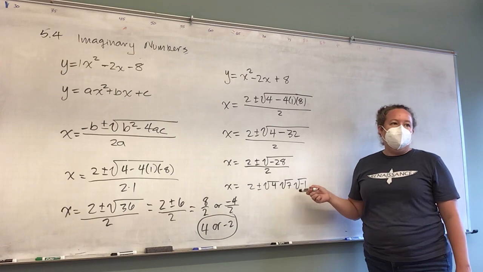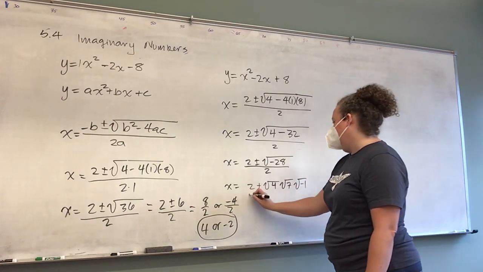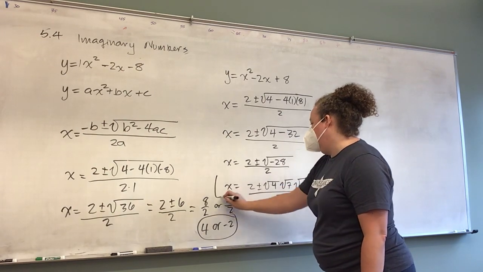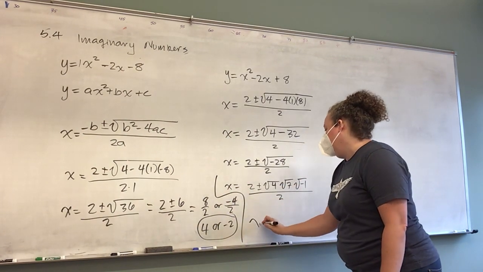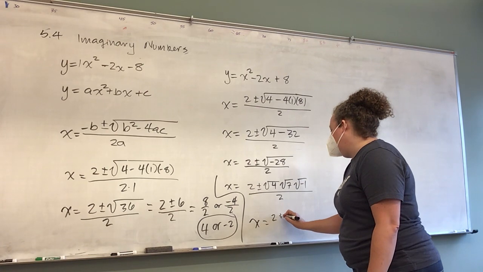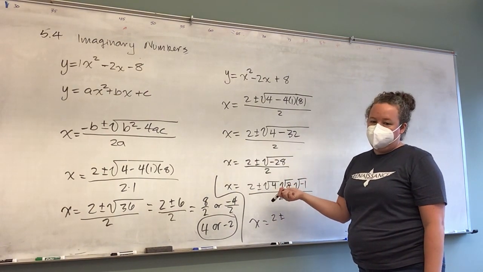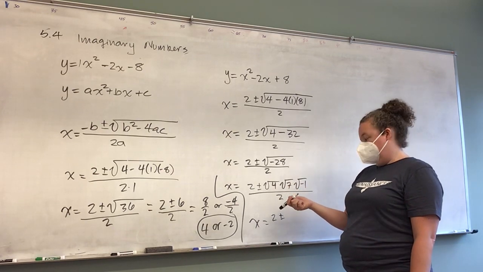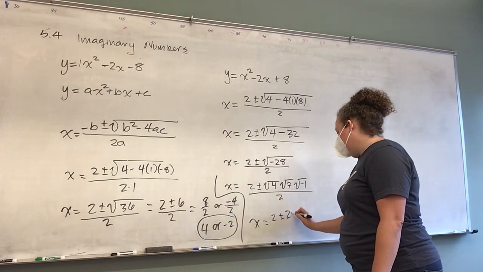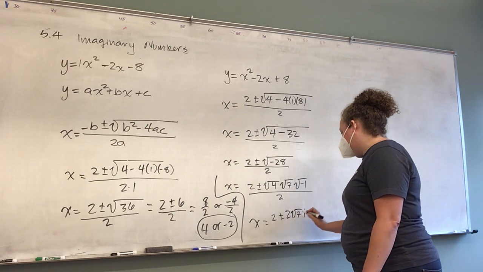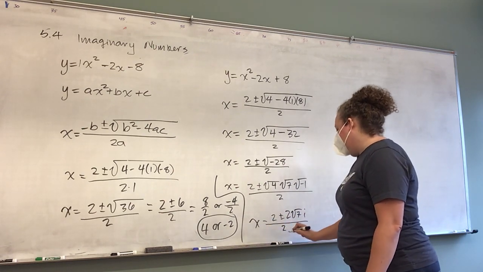So we can separate out all of the components. This is all over 2. So what is the square root of 4? Yep. 2 times the square root of 7 times i, all over 2.